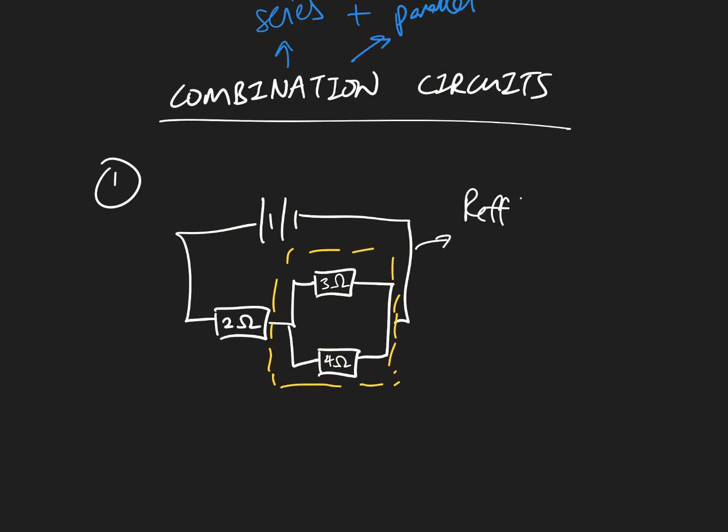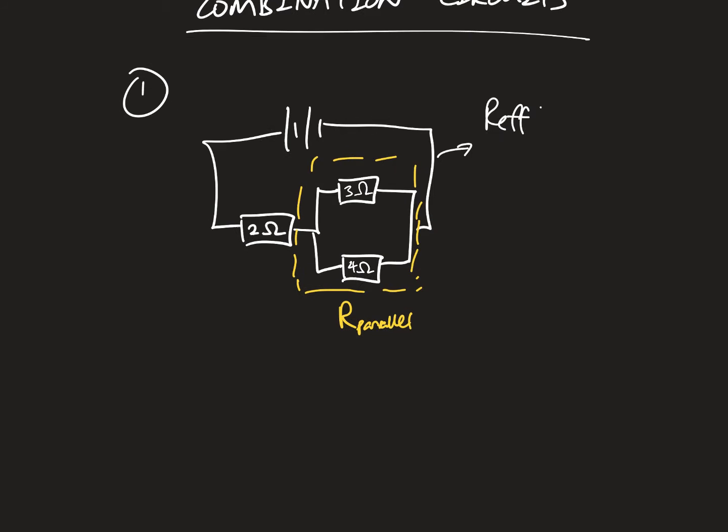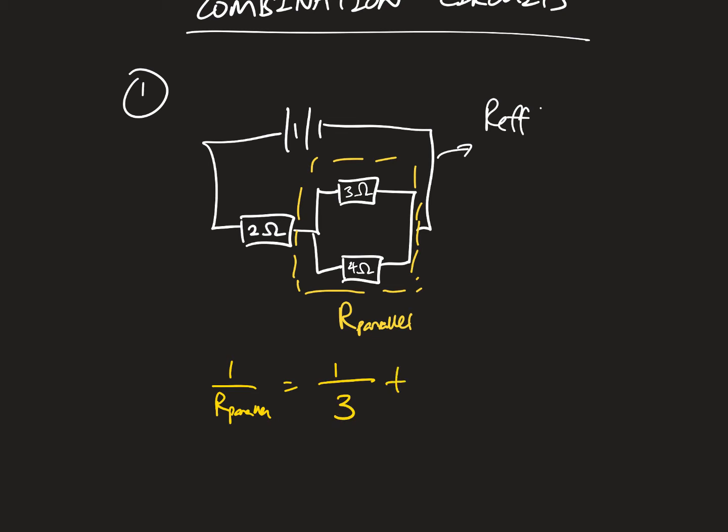So let's call this part R parallel, which is basically the R effective from the parallel side. And we can solve that by using the formula 1 over R, in this case R parallel, equals to 1 over R1, which is 3, plus 1 over R2, which is 4.